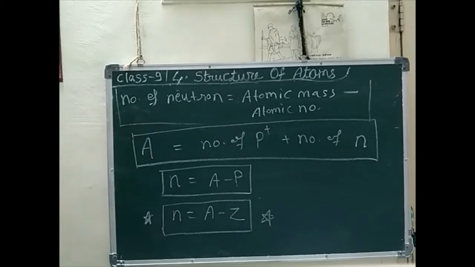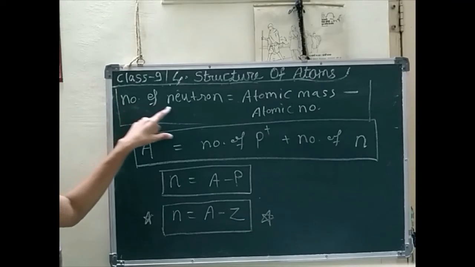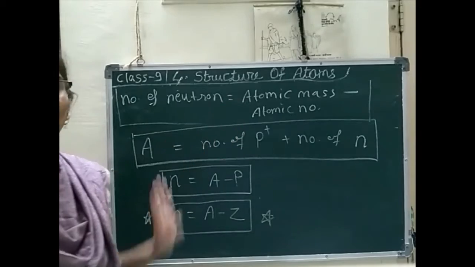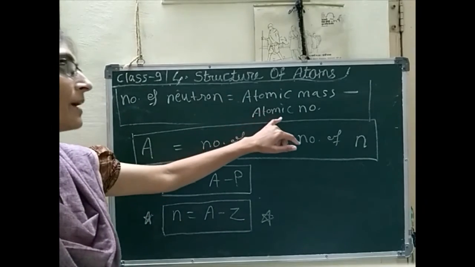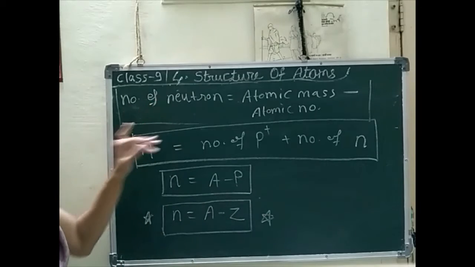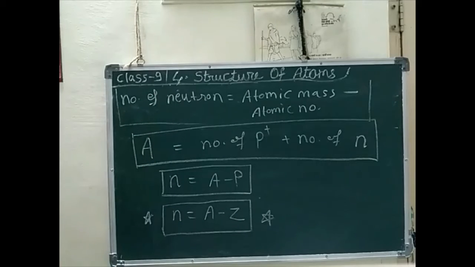Note down all of that. By subtracting the atomic number from the atomic mass, we can easily calculate the number of neutrons.